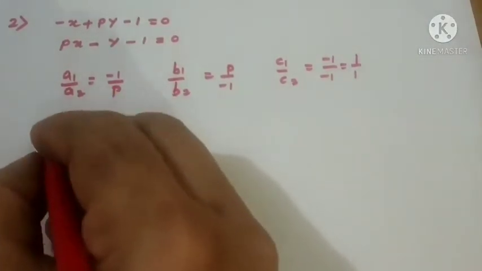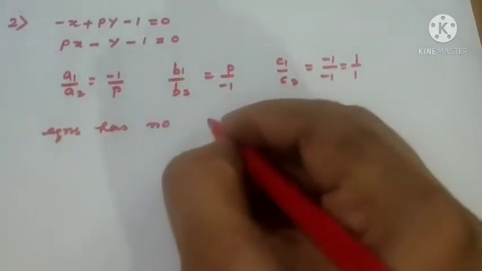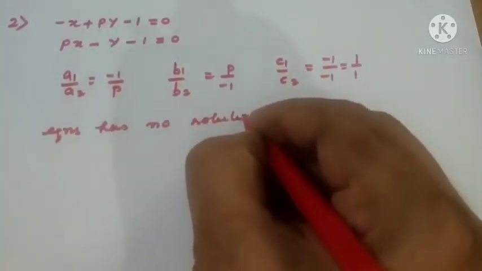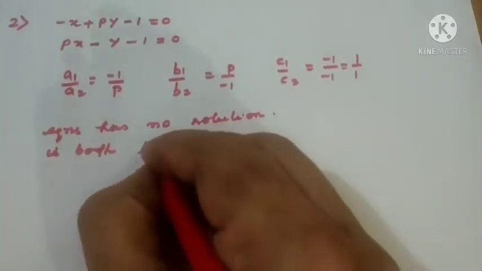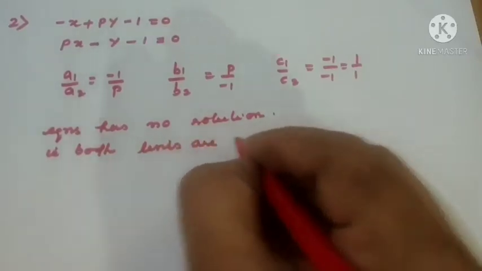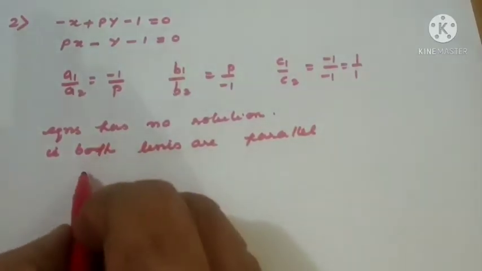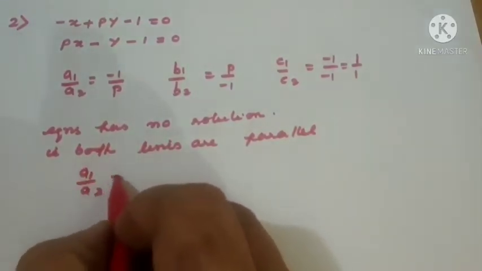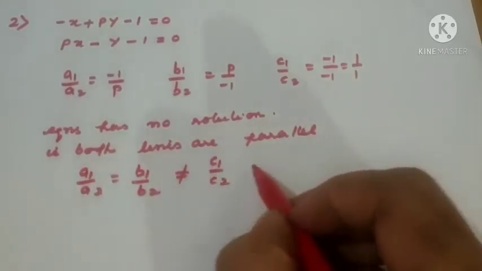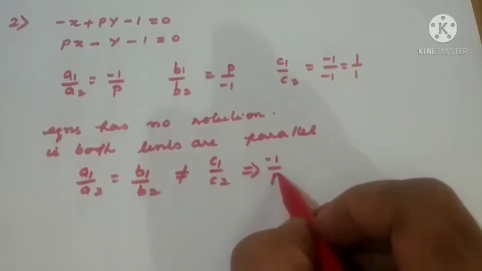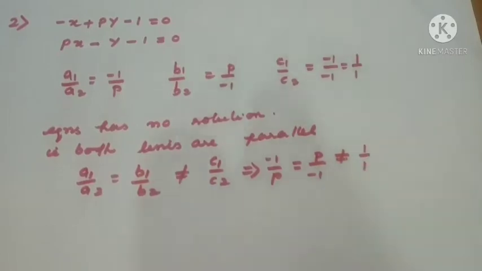The equations have no solution, that is, both the lines are parallel. That means a1 by a2 equal to b1 by b2 but not equal to c1 by c2, which implies minus 1 by p equal to p by minus 1 not equal to 1 by 1.